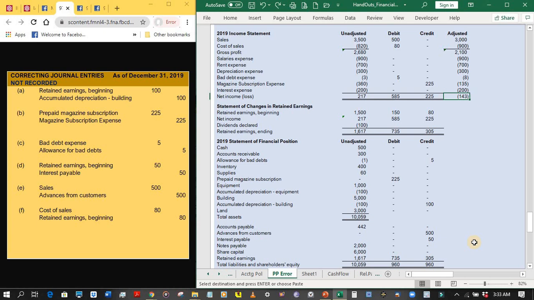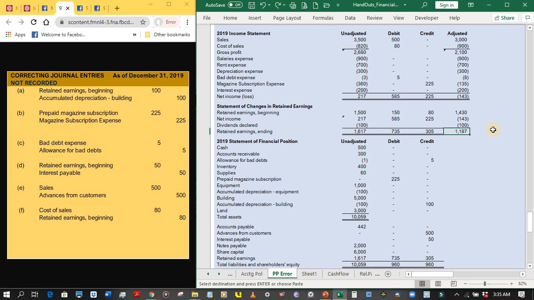Then the statement of changes in retained earnings, the adjusted retained earnings beginning is 1,430 pesos, and that is 1,500 plus 80 minus 150, so that is 1,430 pesos. Then the adjusted net loss is 143 pesos. Then dividends declared is 100 pesos. Then the adjusted retained earnings at the end of 2019 is 1,187 pesos.